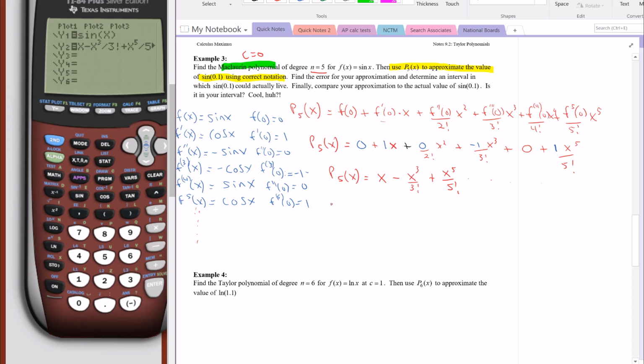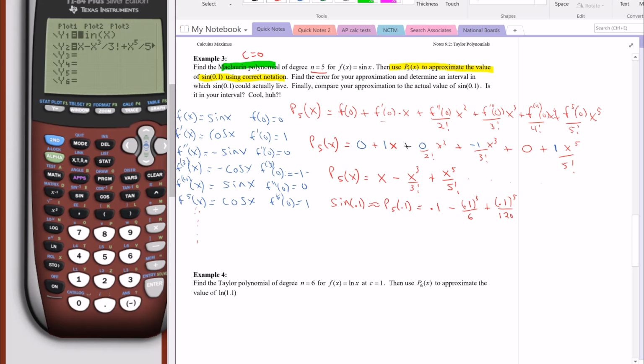So what we're going to say is sine of 0.1 is approximately P5 of 0.1, which is equal to, we're plugging in 0.1 everywhere here, right? 0.1 minus 0.1 to the third over 3 factorial, 6, plus 0.1 to the fifth over 5 factorial, which is 120. 5 times 4, yeah, 120.